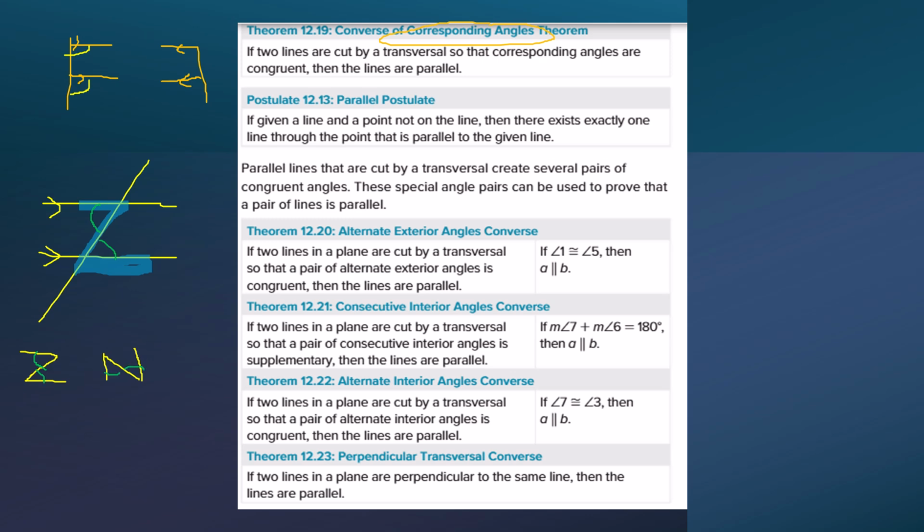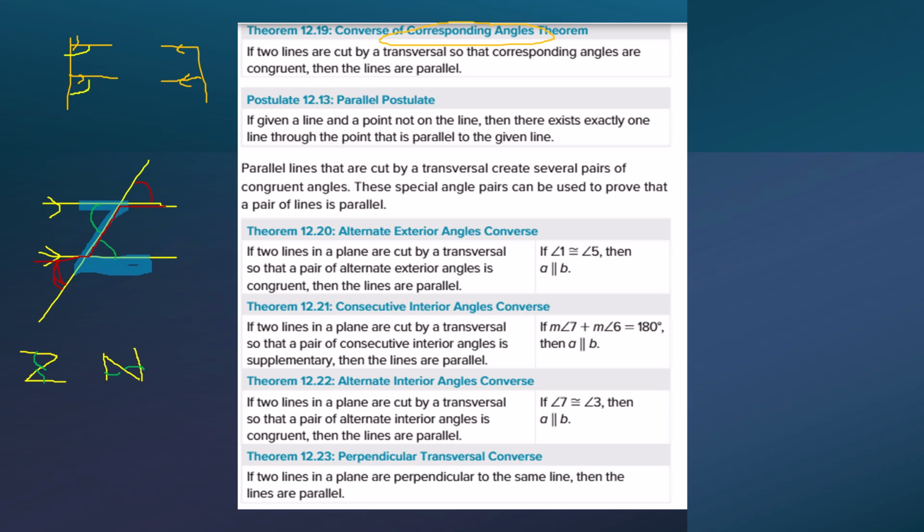Now we move on to the exterior angle of this set of lines. So the alternate exterior angle will once again form a Z, but now we look at the outside of the Z. So we have this angle here equal to this angle here.